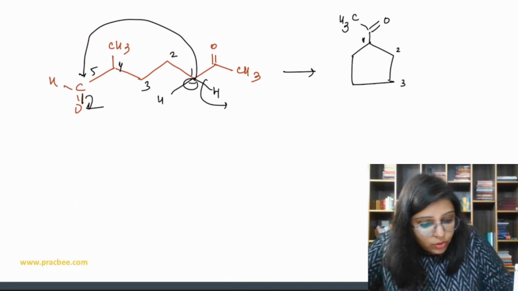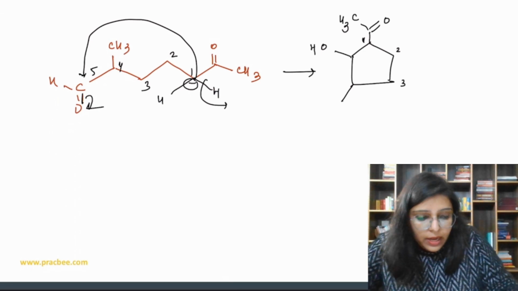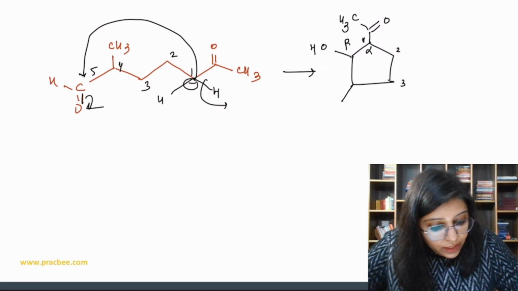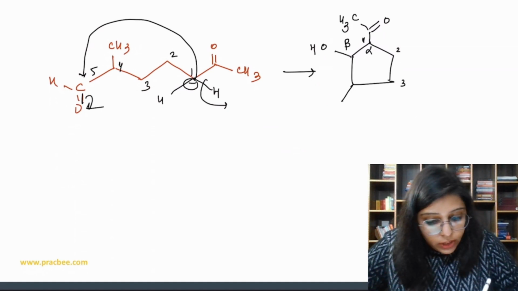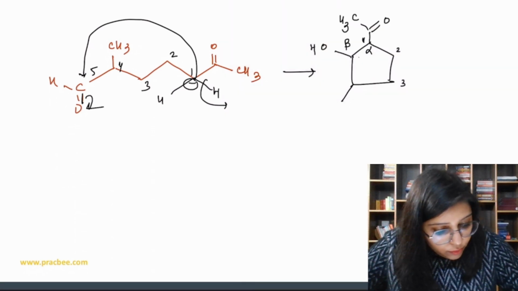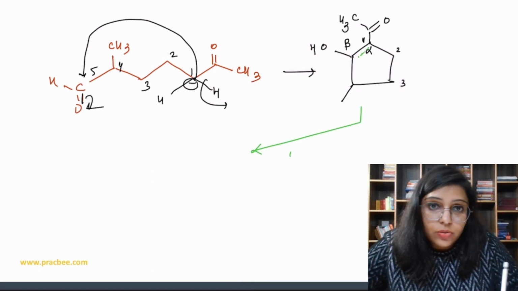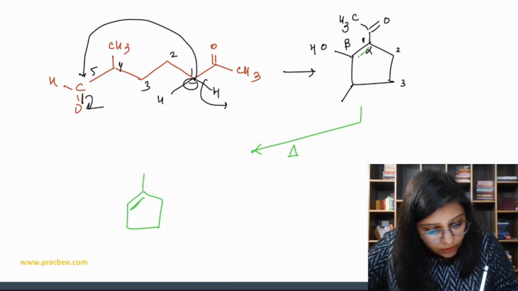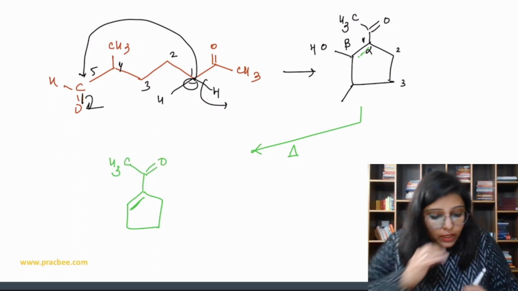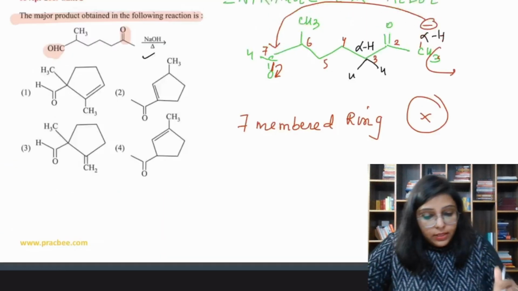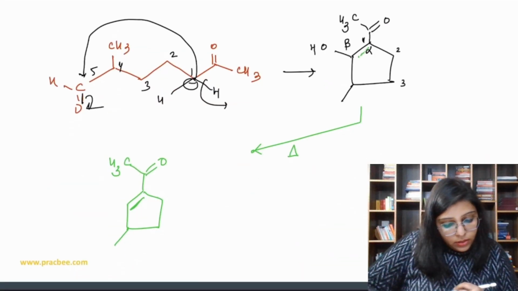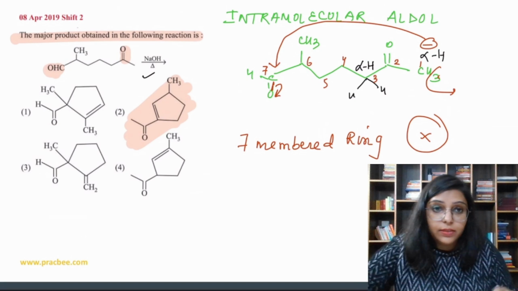Second, third, fourth carbon is bonded to CH3, and on the fifth carbon we write OH. I am writing OH directly. And then heating is there, so on heating we have to form a double bond over here, between alpha and beta. Okay? So this is the answer. Now let's compare this answer. Option 2 is the correct answer.